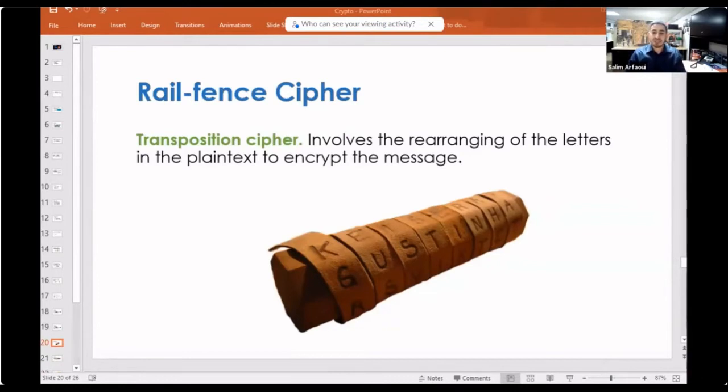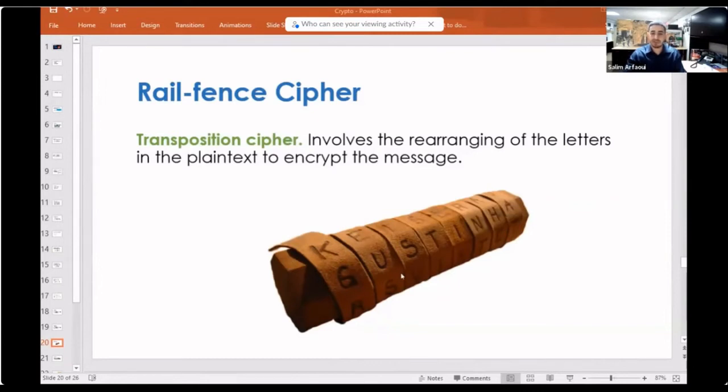So they used a device called a scytale, which rhymes with Italy, to encrypt and send messages. That's what they used. This scytale is also called a transposition machine. It is comprised of a cylinder and a parchment.